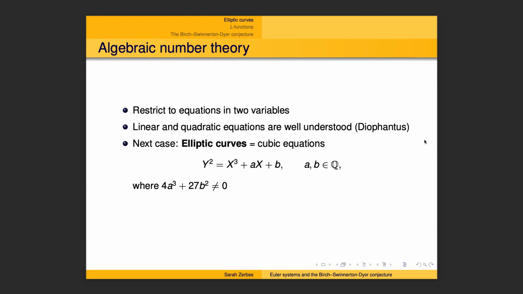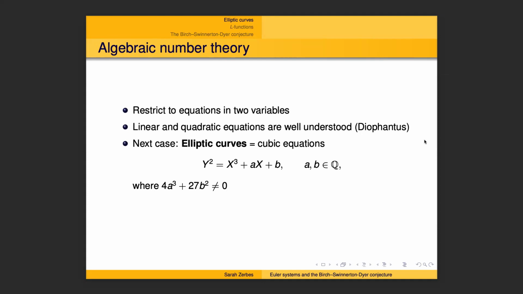The idea is that if we draw the real graph of such an equation, it doesn't have cusps or self-intersections, thanks to this constraint. So the question is, what can we say about the rational solutions of such an equation? So about pairs of rational numbers x and y which satisfy this equation.